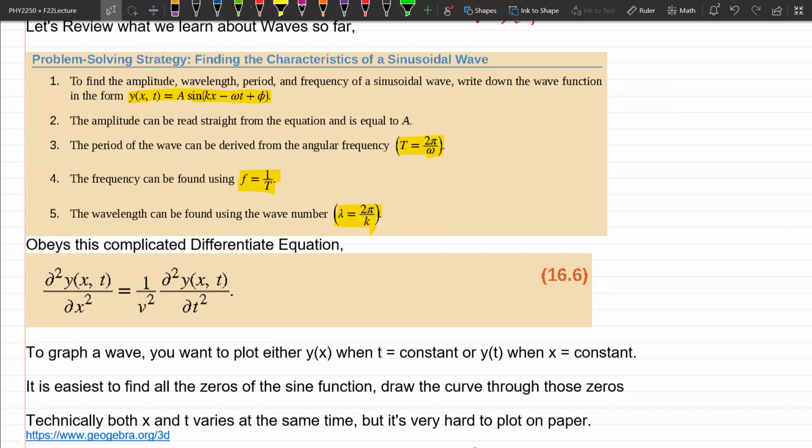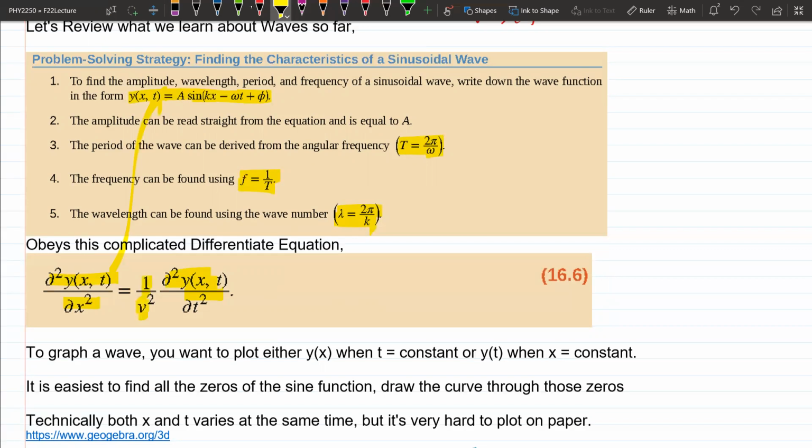And last time we talked about this idea called the wave equation, right? This complicated second order differential equation, but we're not trying to solve that equation because we're already given the solution. The solution is up here. We don't have to solve it, but there are interesting properties here.